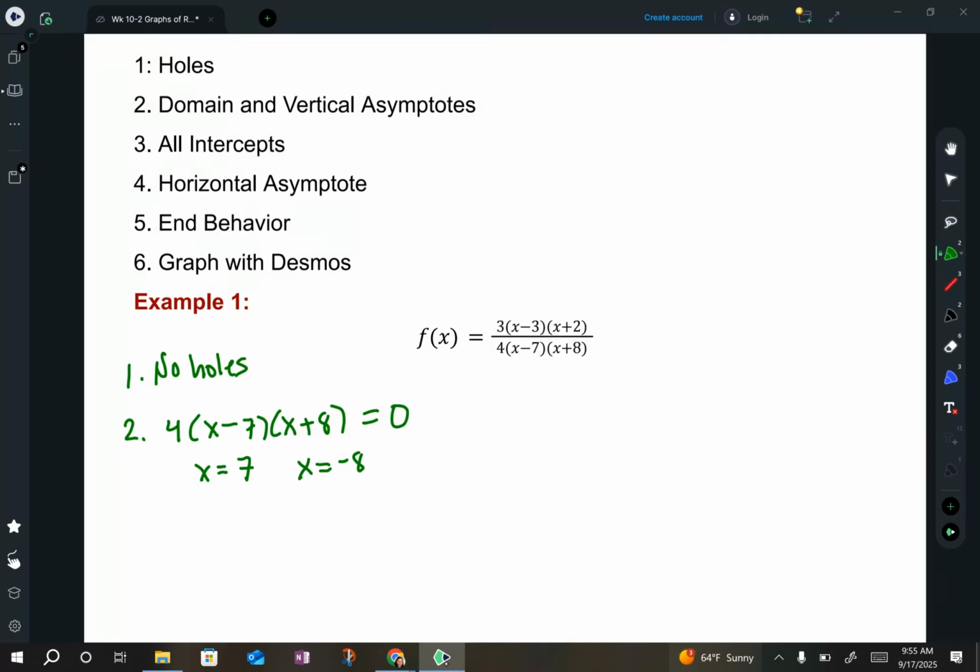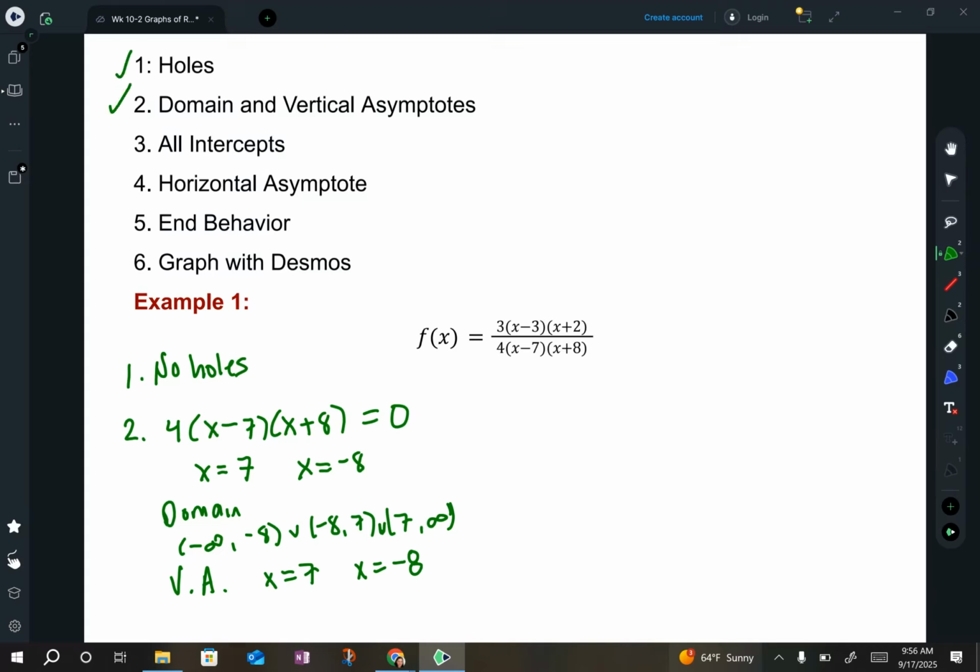So my domain is minus infinity to minus 8, union minus 8 to 7, union 7 to infinity. That means my vertical asymptotes are x equals 7, a vertical line, and x equals negative 8.